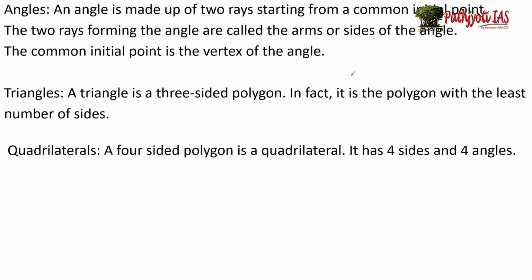In the last class, we were discussing the fourth chapter in class six itself. The chapter was regarding geometry, understanding geometrical shapes and sizes, and what the factors involved within geometry are. We have covered most of it, right?